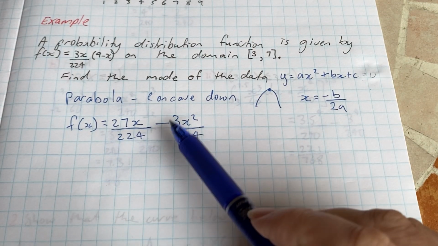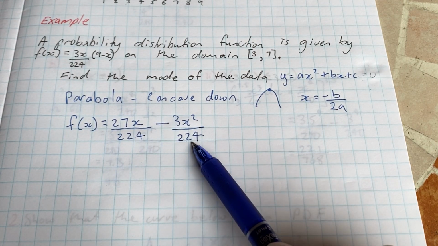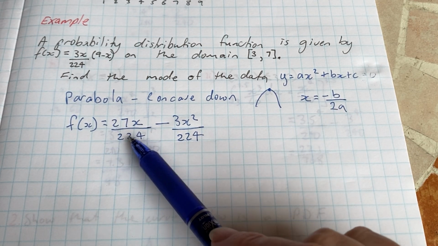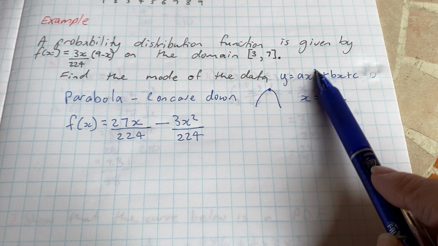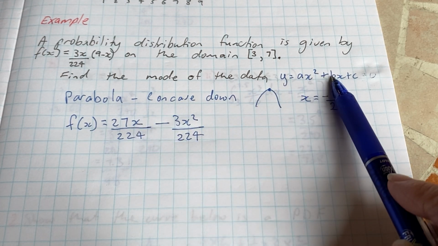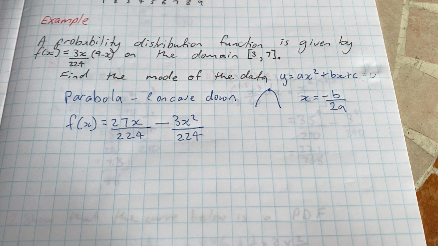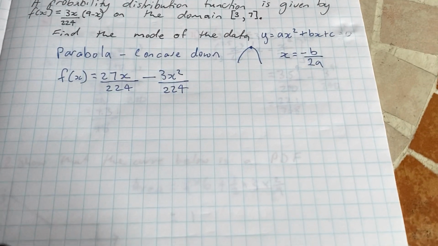There's my parabola. So my a is negative 3 on 224, if I'm going to use this formula, and my b is 27 on 224. So your a is your coefficient of your x squared, your b is your coefficient of your x. So you could literally put it into that formula if you wanted to. I'm not going to, as I said.